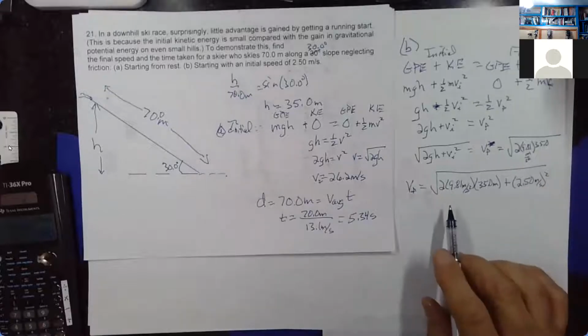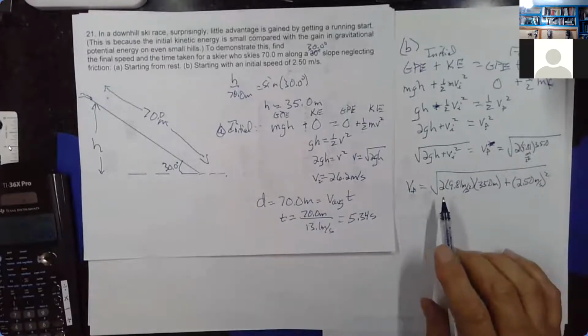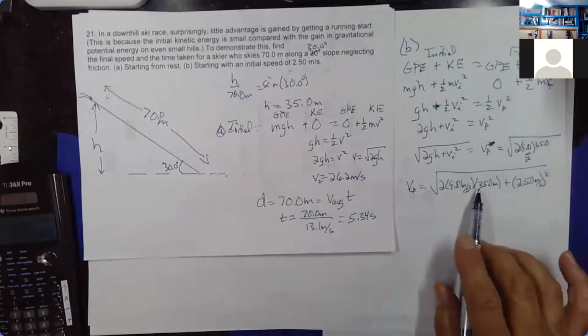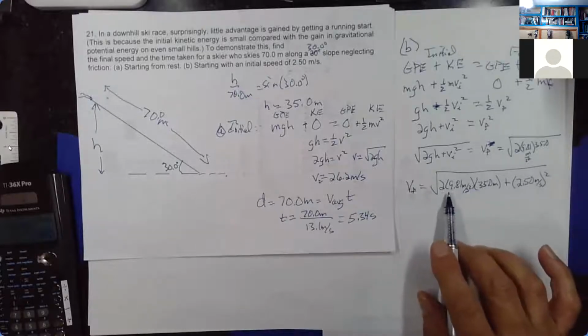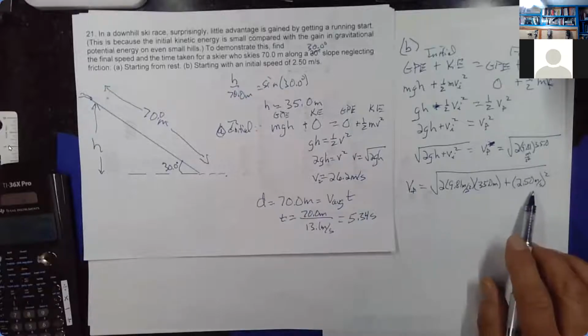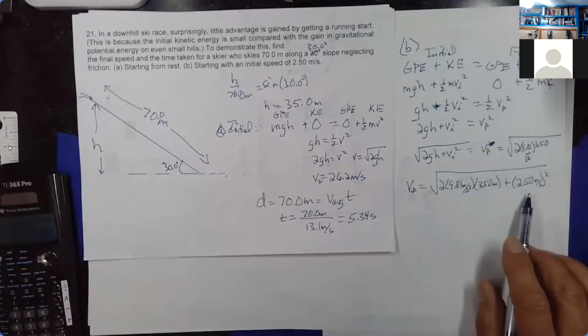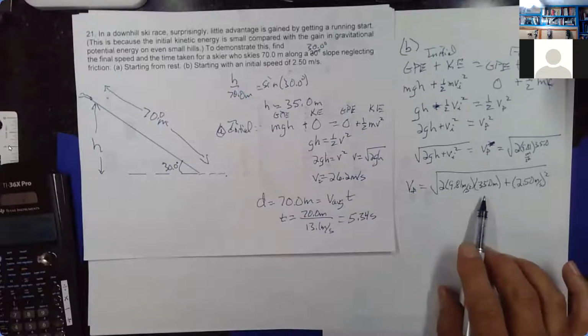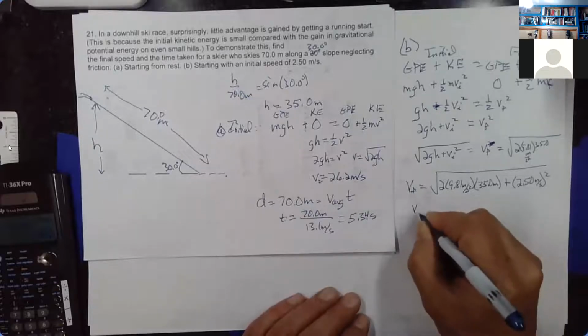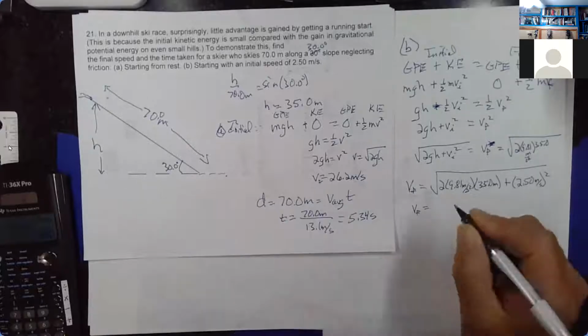Now, just thinking about it, 2 times 35 is going to be 70. 70 times this is going to be around 700. And when I square 2.5, I think that's 6 1/4. So 6 1/4 compared to 700 is not all that big, but let's see how much of a difference it makes on the final velocity.